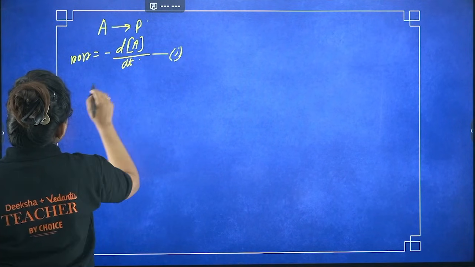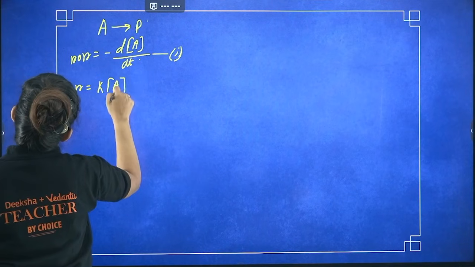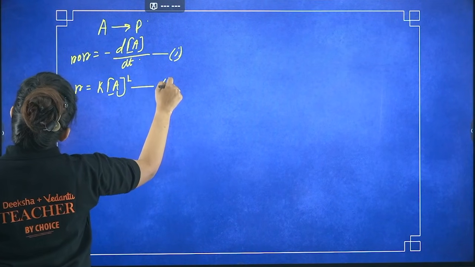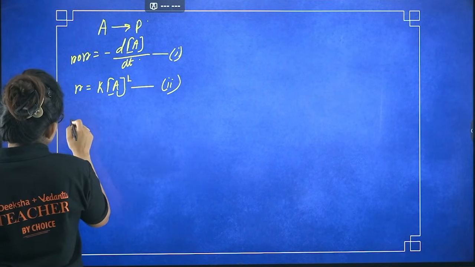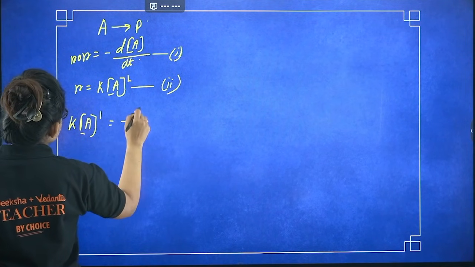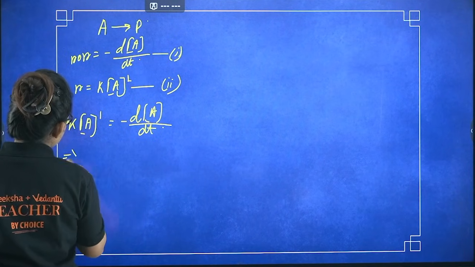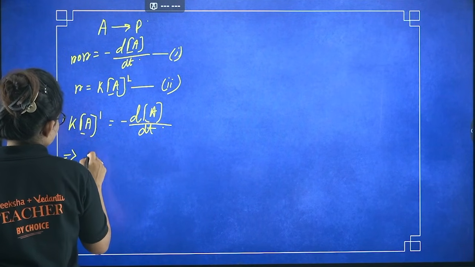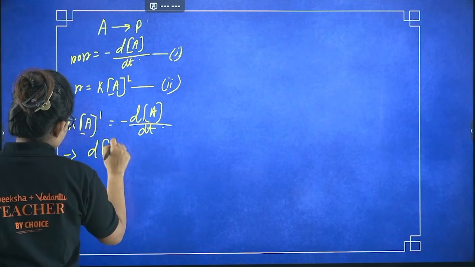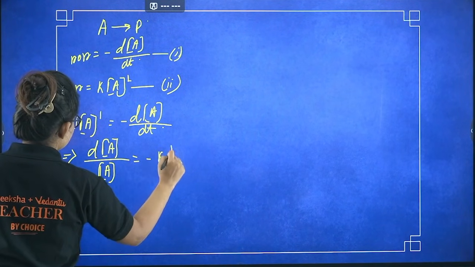From the rate law I can write R equals K into A power 1, that is equation number 2. Equating both, I get K into A equals minus d of A by dt. Now keeping the same terms on the same side, d of A by A equals minus K into dt.